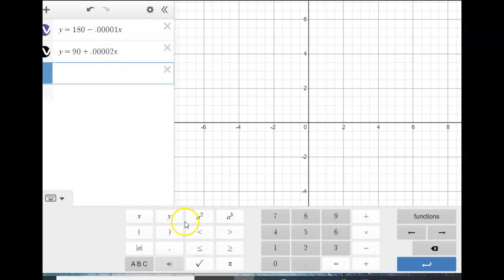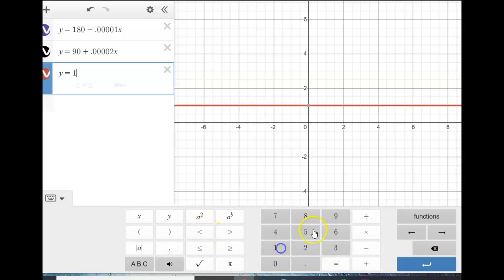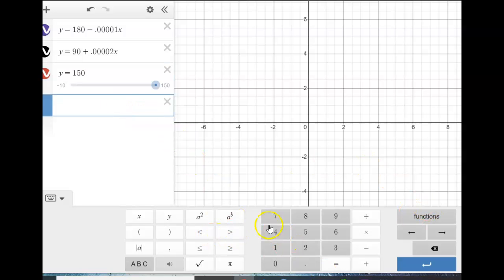Then we had the horizontal line at the price, Y equals 150. There we go. And then we had the X equals 0.